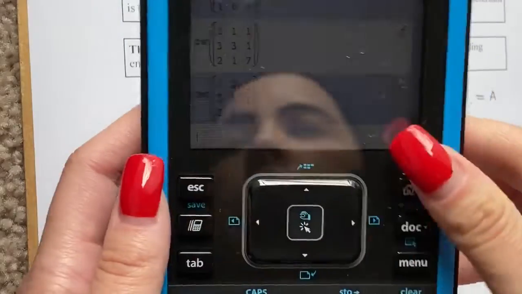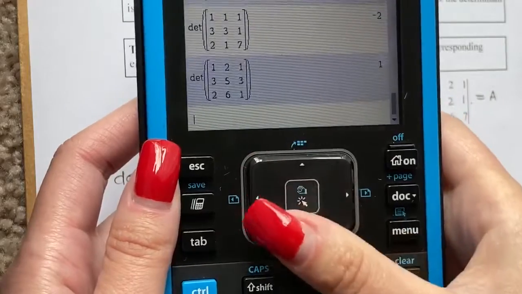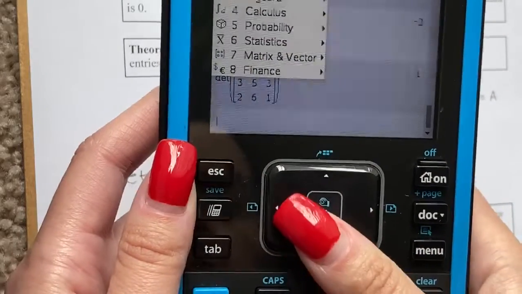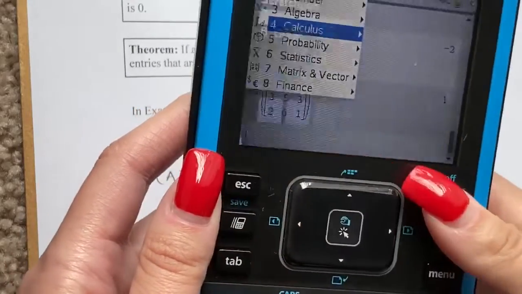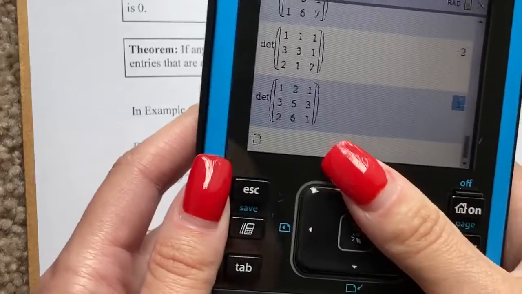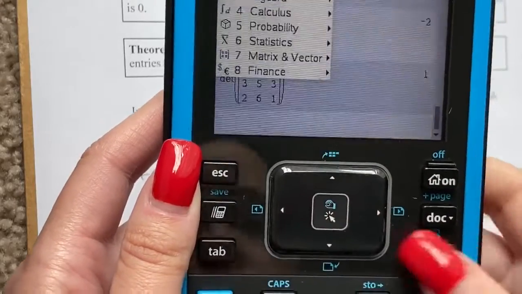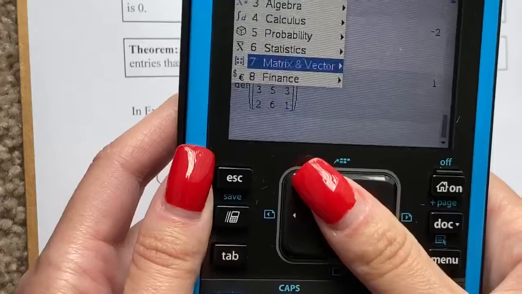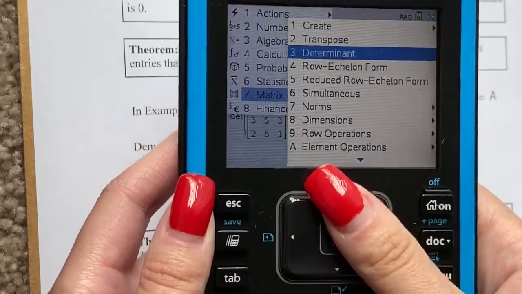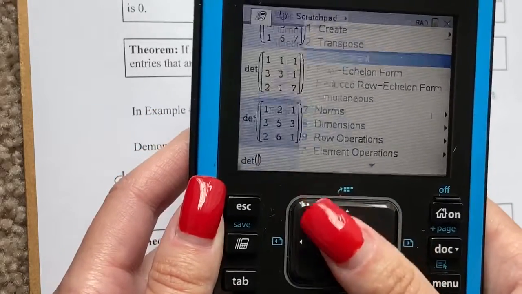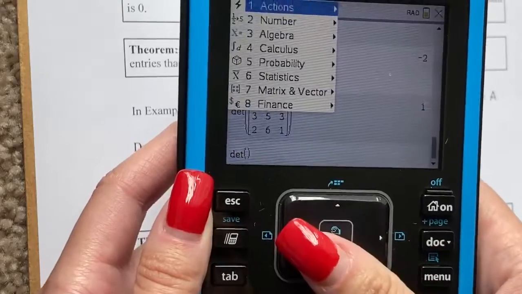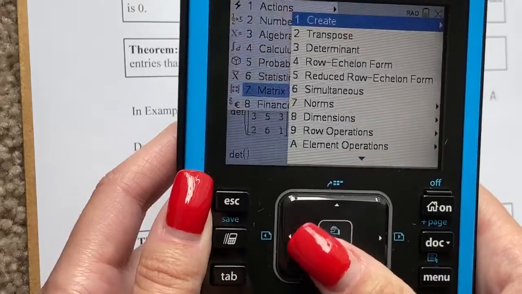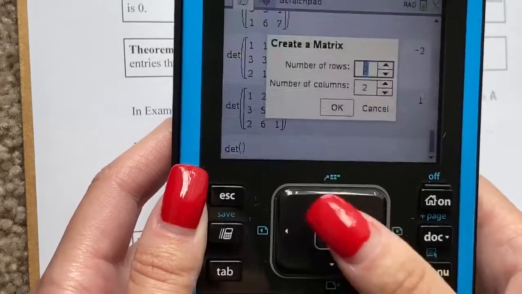Okay, so again, you go to calculate, and we can be efficient here. Menu, matrix and vector, you are going to find the determinant, okay? After that, you go to matrix, create matrix.